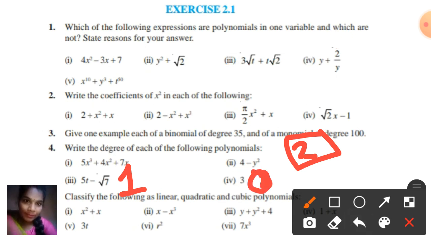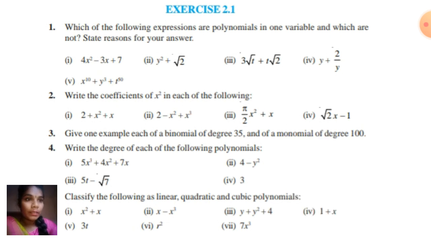Is it clear? So you should write the degree of the polynomial 3 as 0. Now our last and final question: classify the following as linear, quadratic and cubic polynomials, which is also very easy. You can do it on your own because you have already learnt it in the first video of this chapter. How will you classify? Based on the degree, or else the power of the variable.